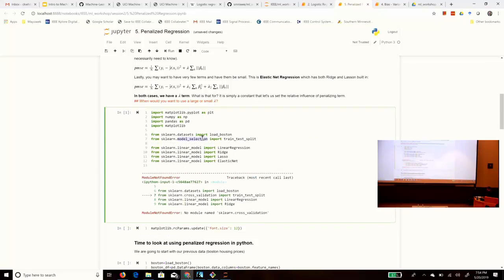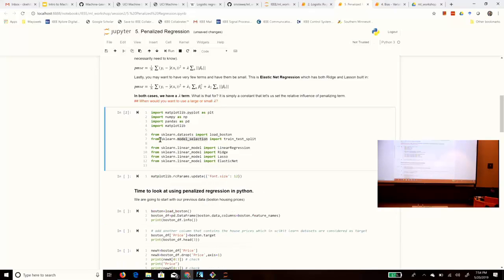So here, the second one down should say model underscore selection. And I hope that works. That should work. It does. So I apologize for that. You just have to put in the words model selection versus whatever I had there. Cross-validation. Just different versions of the package.